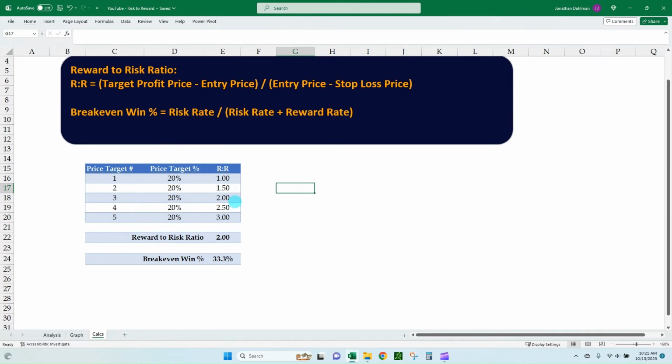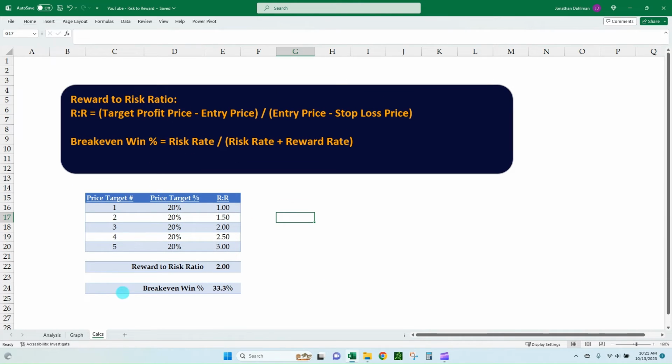And so I have just a table below with 5 price targets, all equally weighted at 20%, and some hypothetical reward to risk ratios plugged in. And in order to figure out the weighted average of those reward to risk ratios, you use the SUMPRODUCT function.